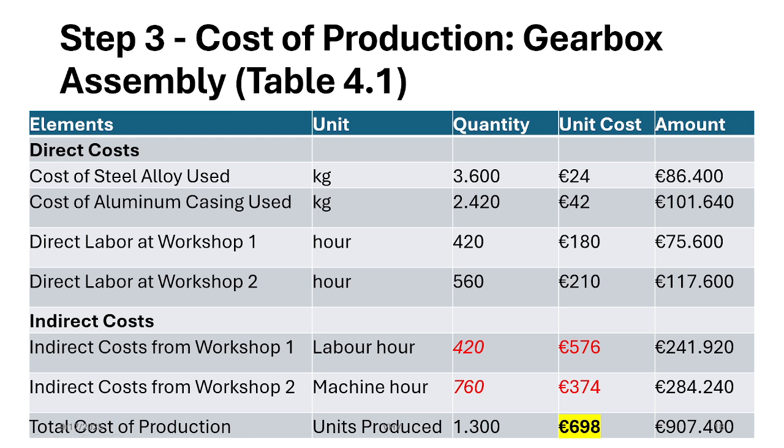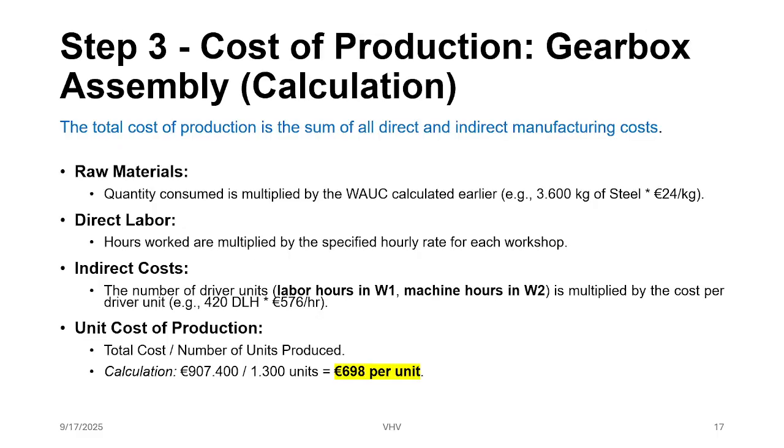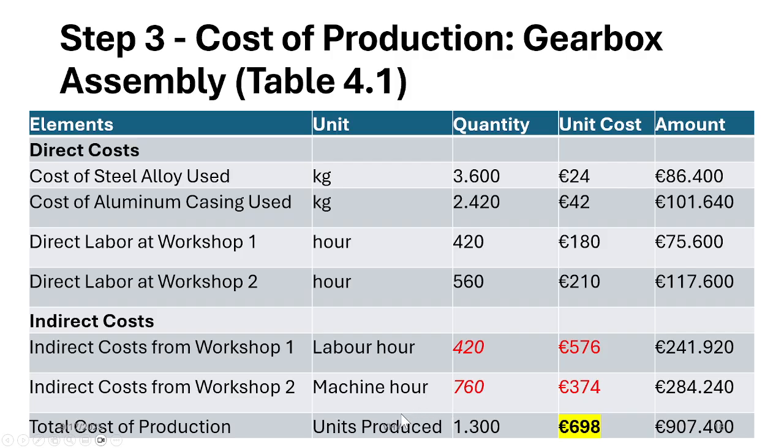Finally, we calculate the total cost of production, by taking the total cost divided by the number of units produced, right? Number of units produced here is 1,300. Where can we find this information?